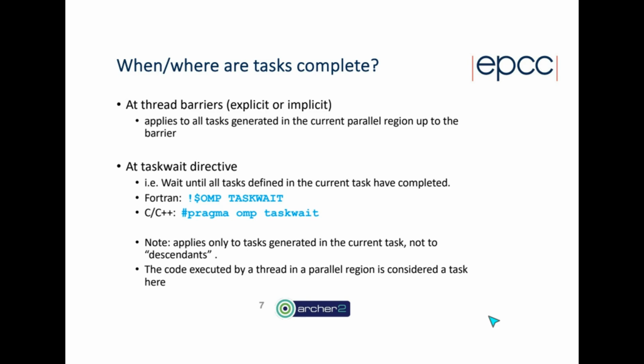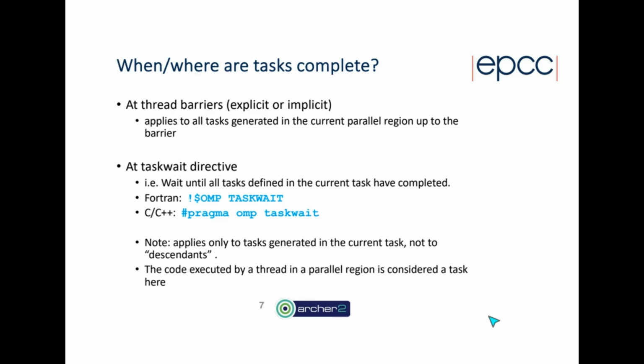Okay, so if we just generate tasks, how do we know when those tasks have finished? So there are several ways of waiting or checking for task completion. In particular, tasks are complete at all thread barriers.